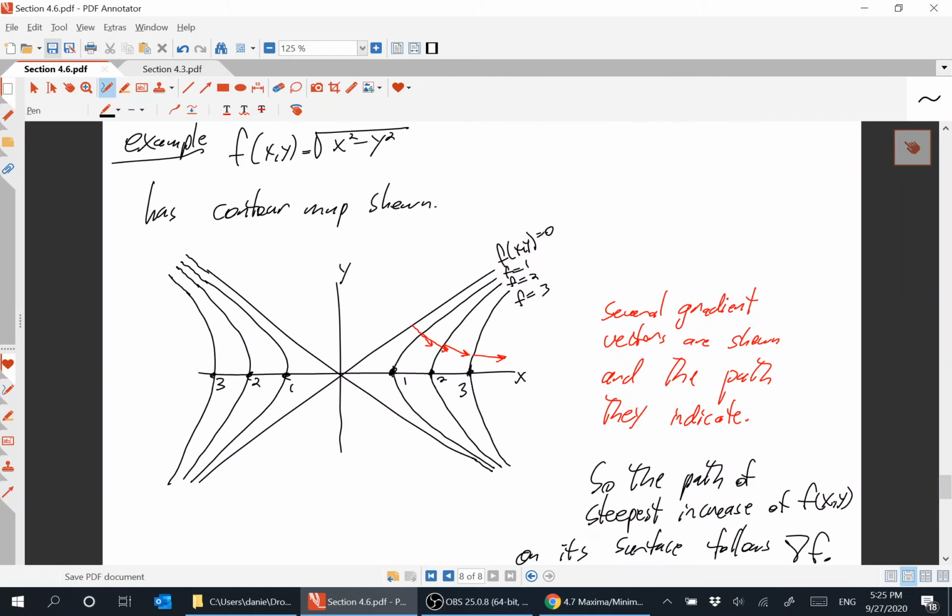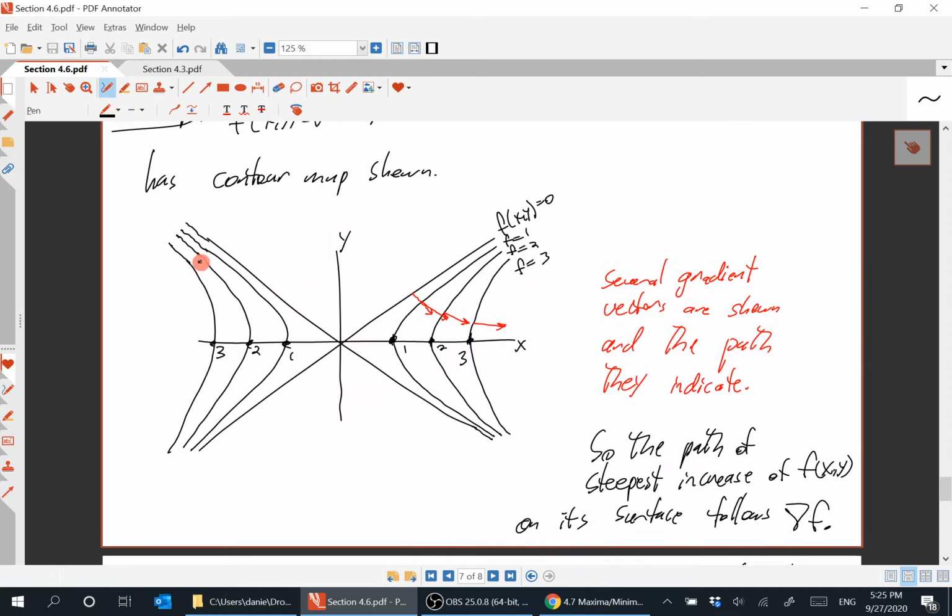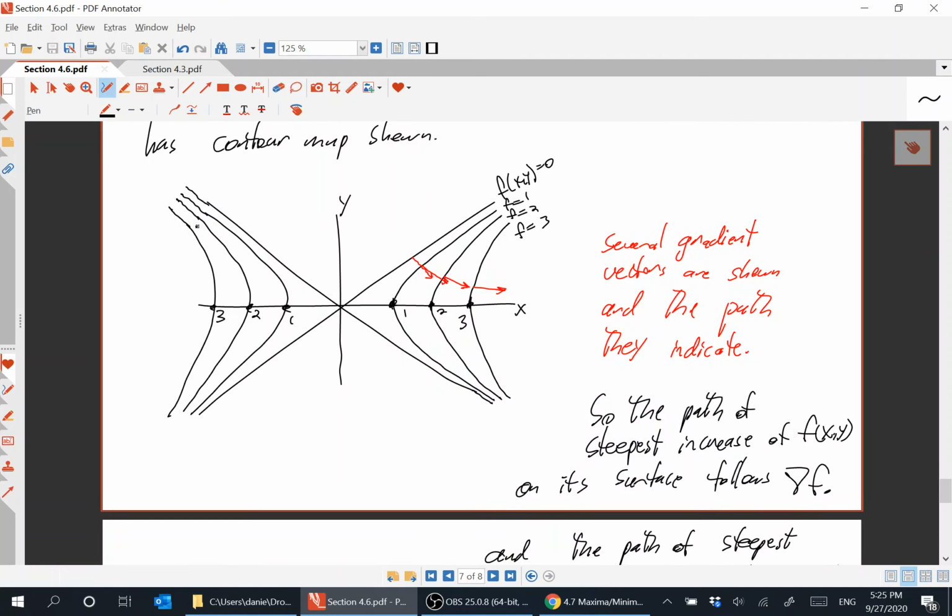So whenever you see contour maps, if you want the steepest direction of increase or decrease, you just follow the gradient, or you go in the opposite direction of the gradient. These are all perpendicular to the level curves, and you're going to follow this steepest path upward, or this one upward, or this one downward.